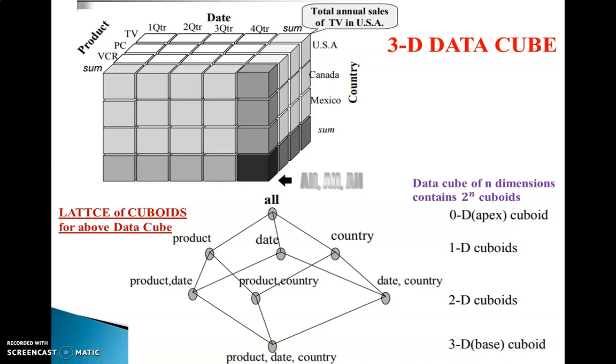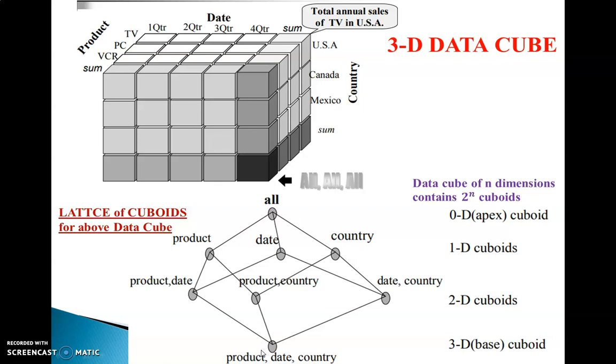Your base cuboid contains all three dimensions, that is product, date and country. So it can return the total sales for any combination of these three dimensions.